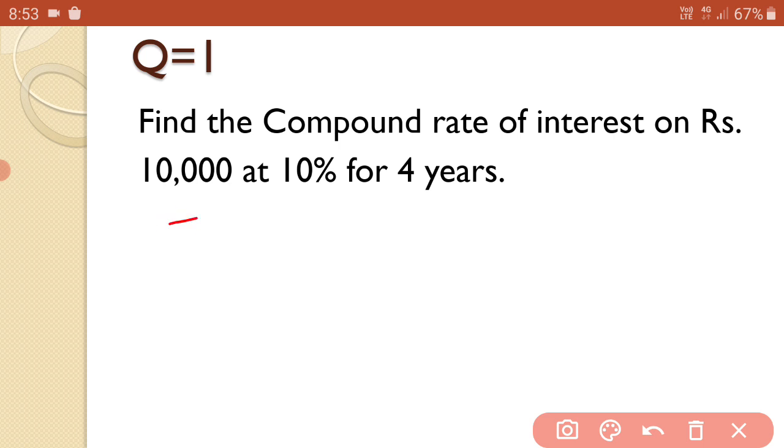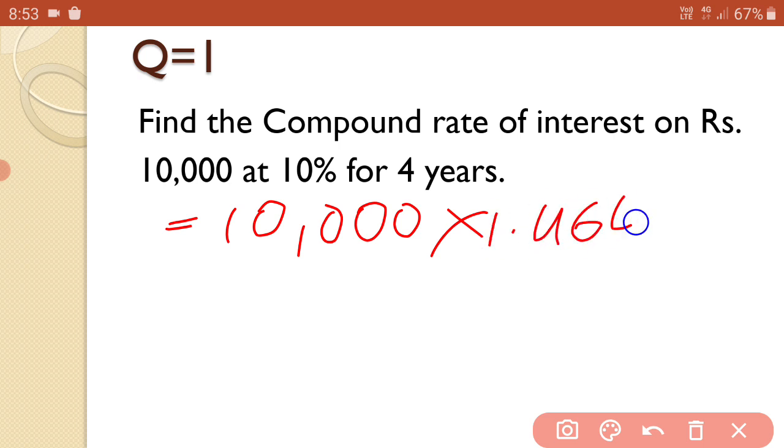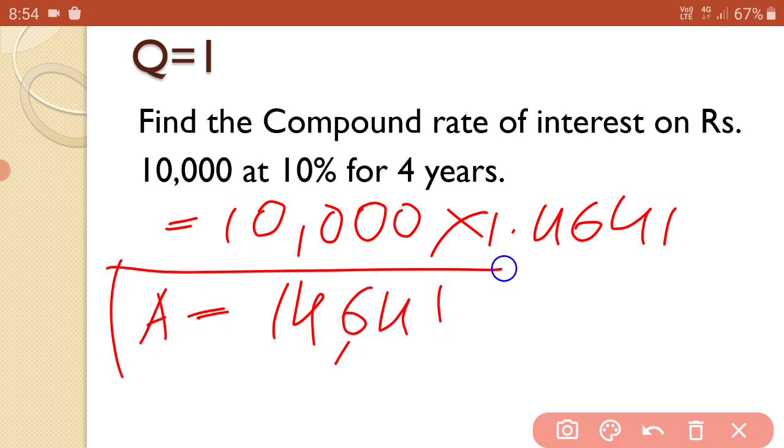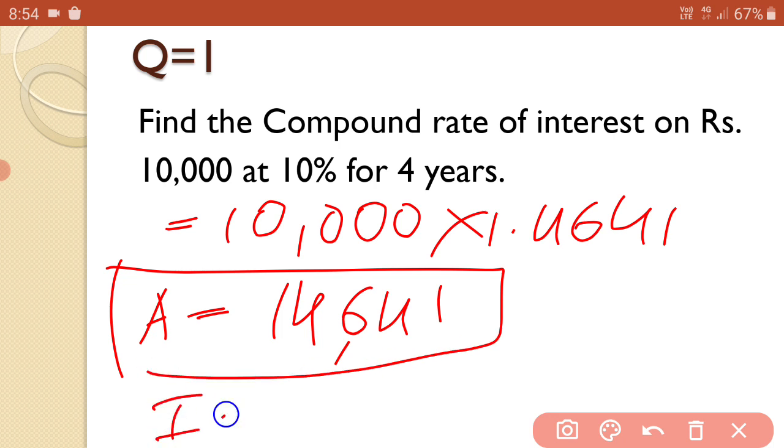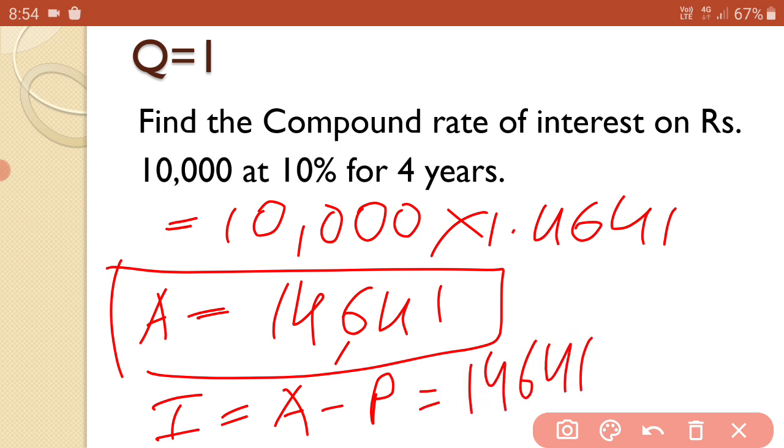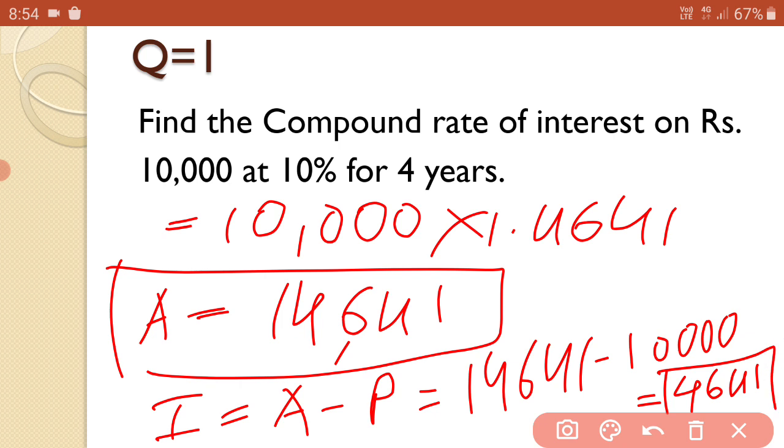So you get the answer: 10,000 into 1.4641. Then multiply by 10,000. Your answer is A, 14641. Now we find I, A minus P, minus 10,000.